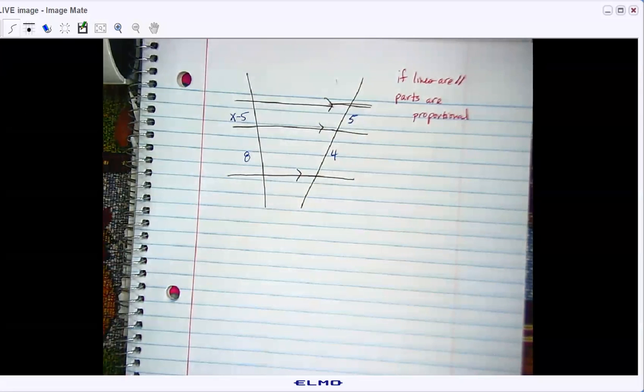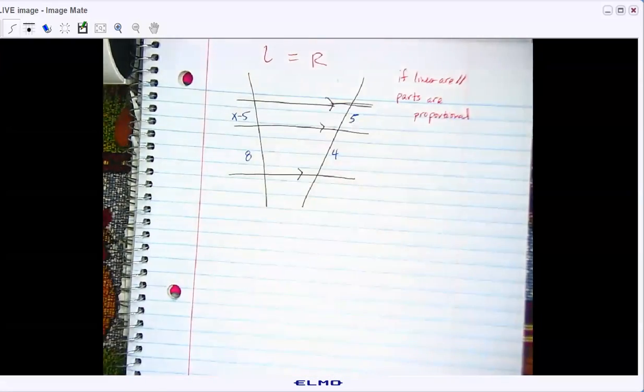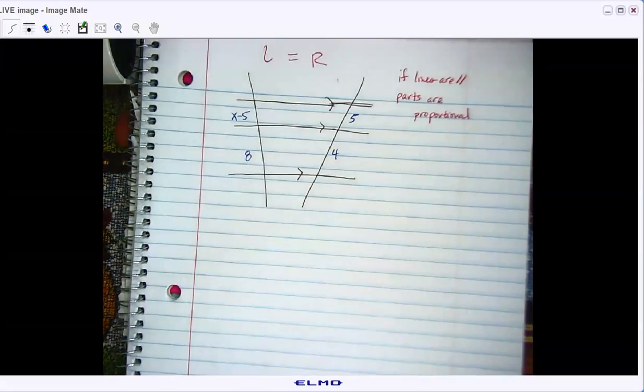Let's keep it left equals right, and make your fraction. So write down what you think it would be.